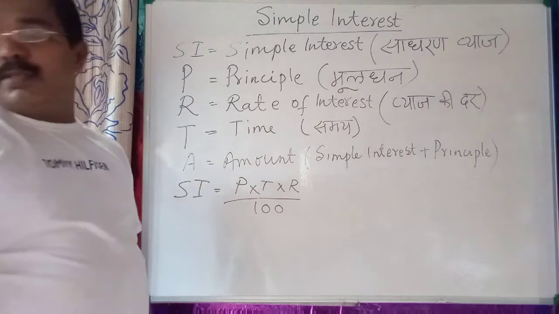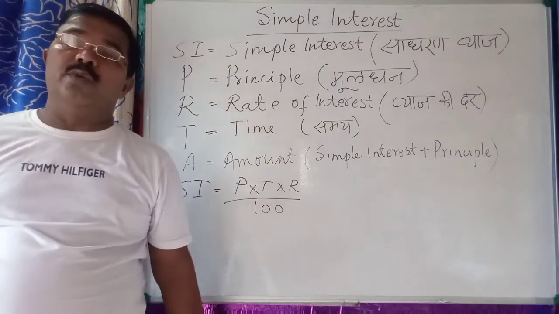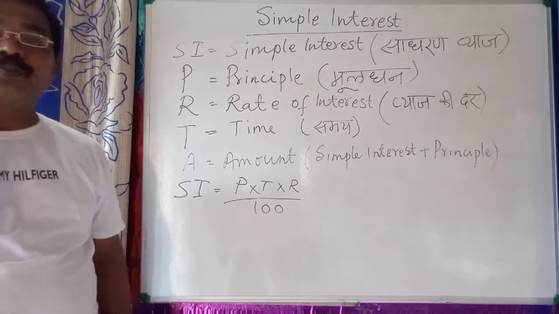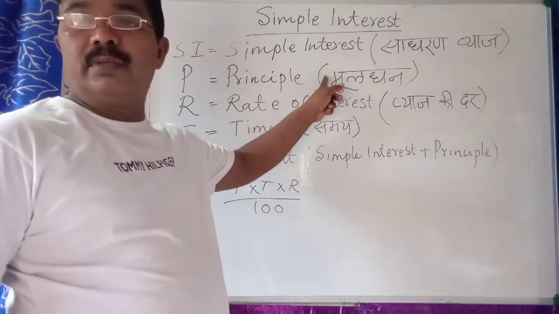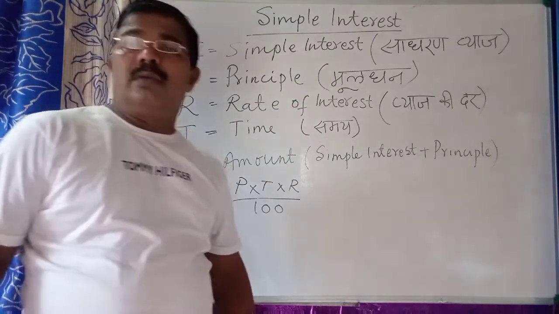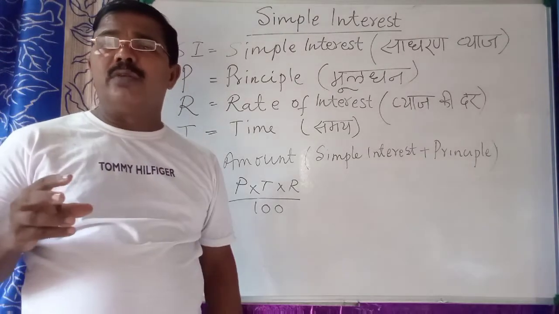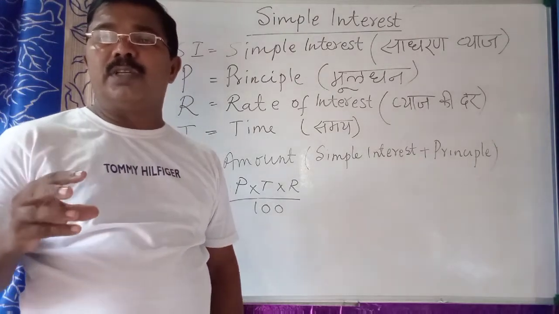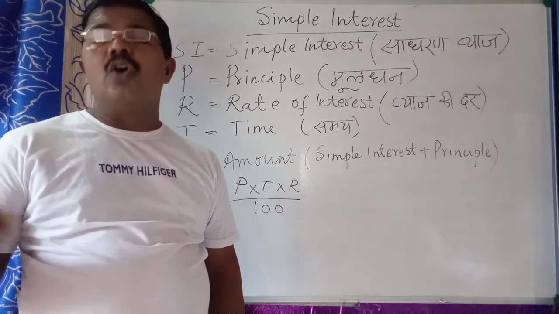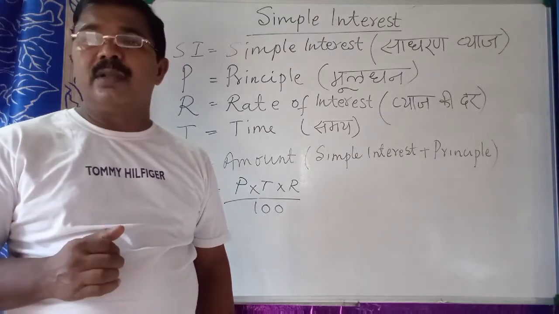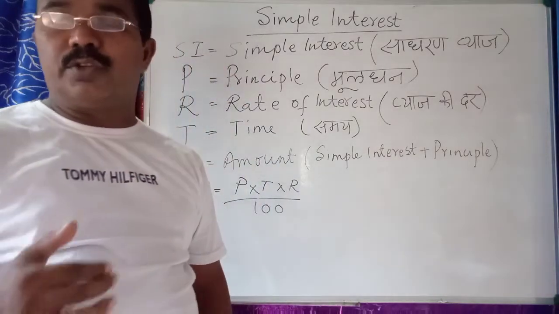Now, why is it important? What is this principal? I explain to you what is principal. You see, principal is मूलधन. An amount of money deposited in a bank or given as a loan or borrowed from a person, borrowed from a bank, borrowed from a financial institution.